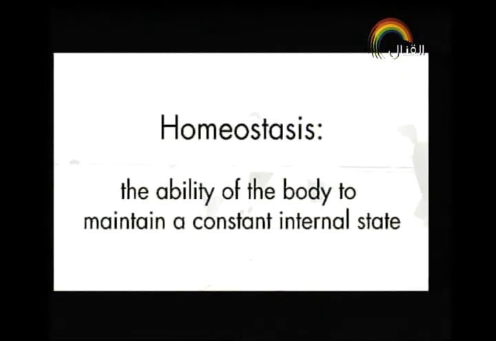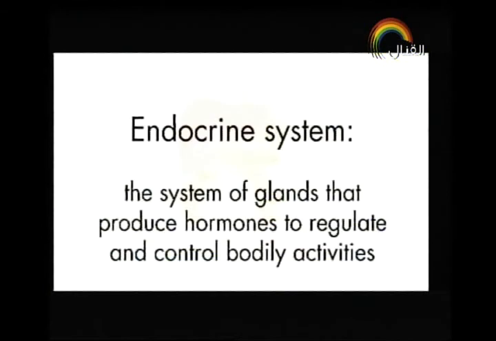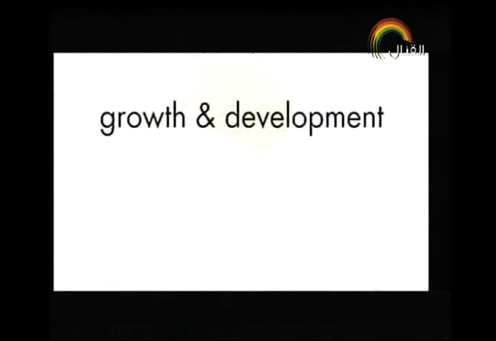It acts to adapt with the external environment. Okay? Well, and also we say the endocrine system is just a system of glands that produce and secrete hormones to regulate different functions of our body. Like what?